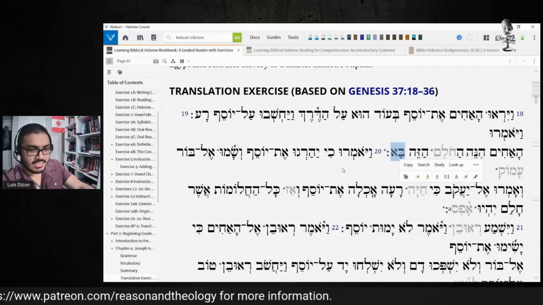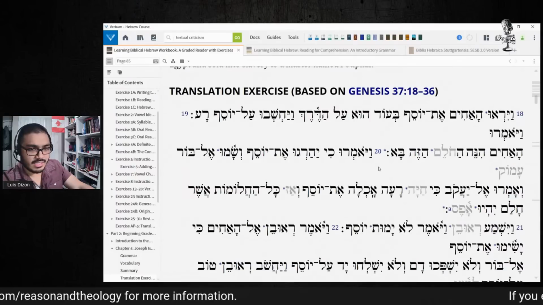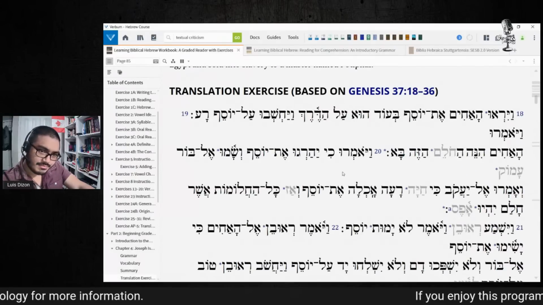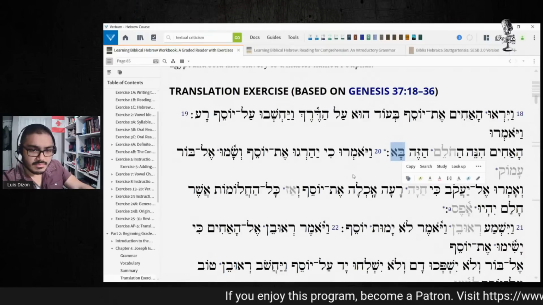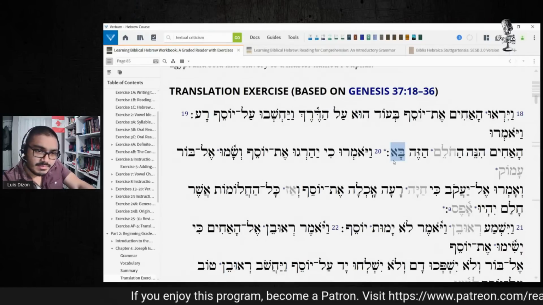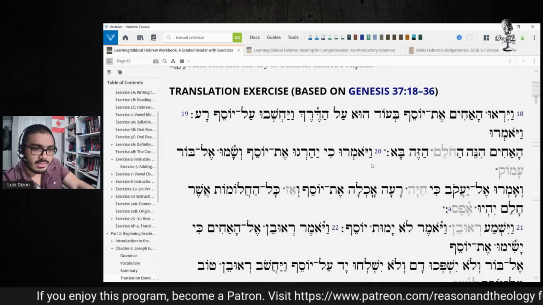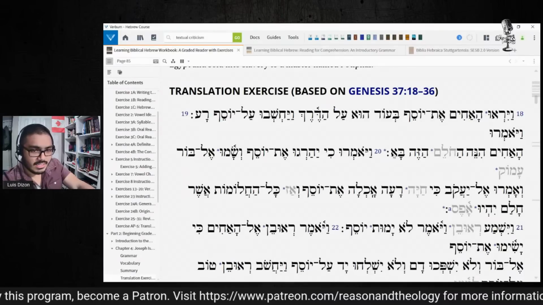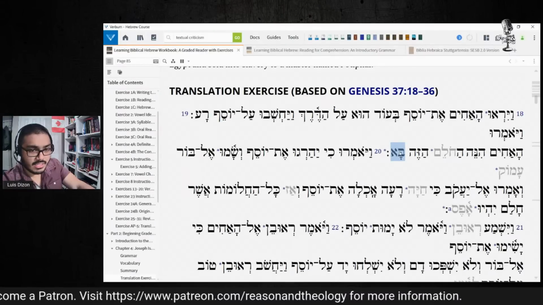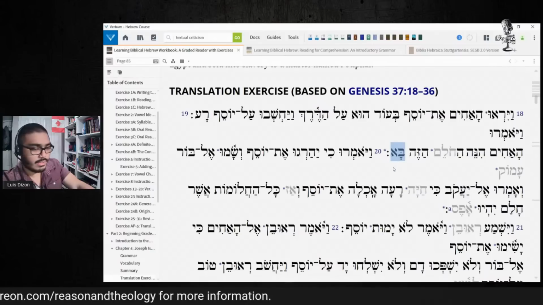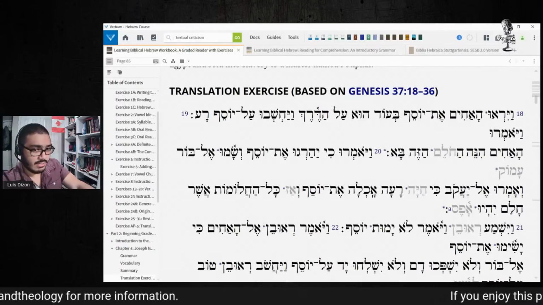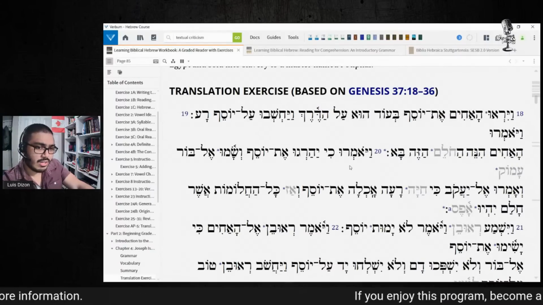Ba is a verb, he comes, and this is also a participle. Normally its standard kal form is bo, but when it becomes a participle like this, the vav in the middle drops off.